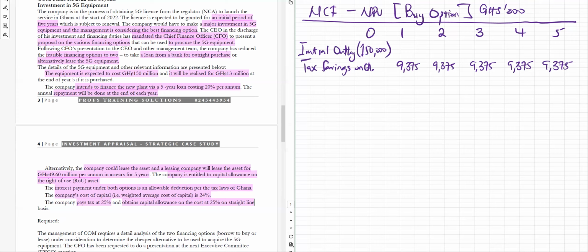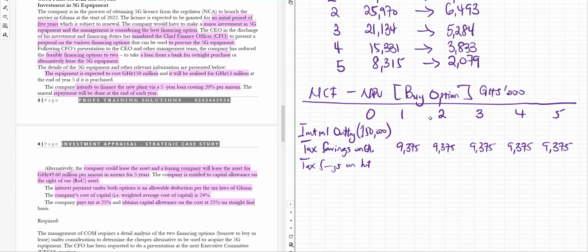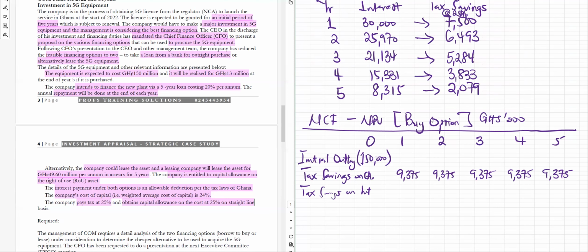9,375. Then I have tax savings on my interest, so we have to go and pick it up. We have 7,500, 6,493, 5,284, 3,833 and 2,079.